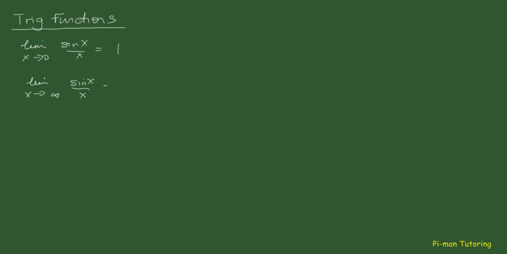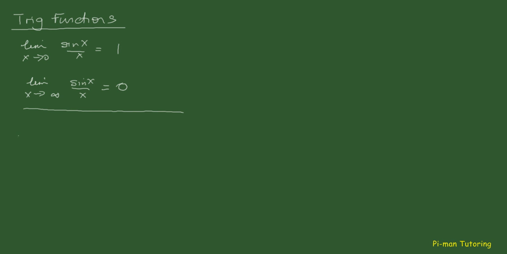And we're going to state without proof that that is equal to 0. Now we need a little bit more mathematics to be able to prove those two. So for now, we'll just take those as given, and then we can use them in a similar fashion as we saw in the last video.